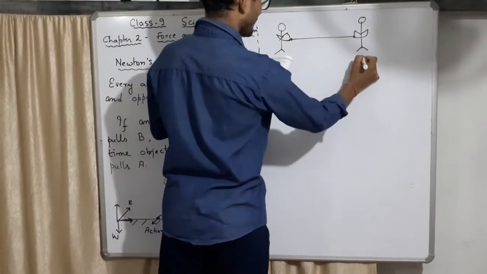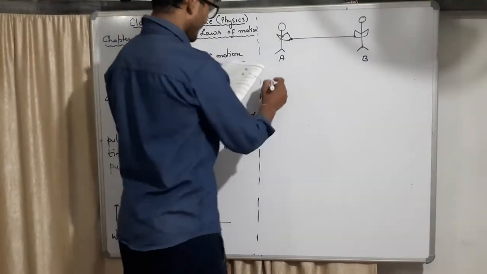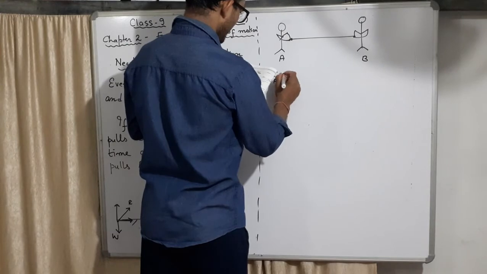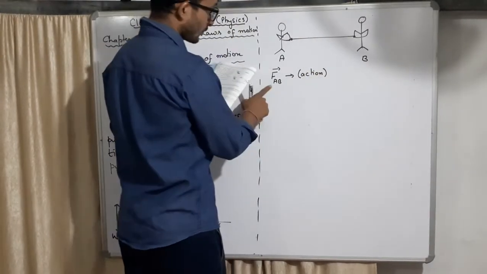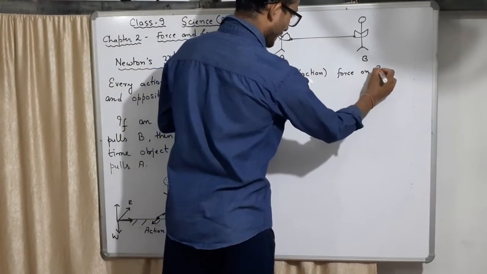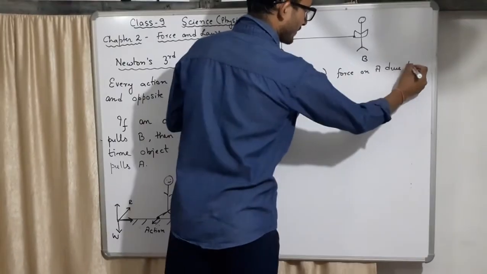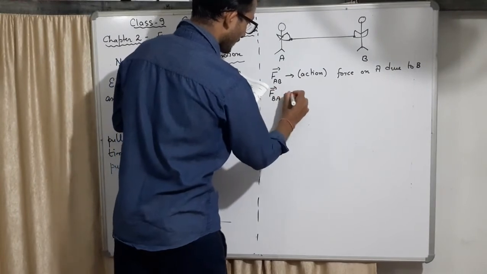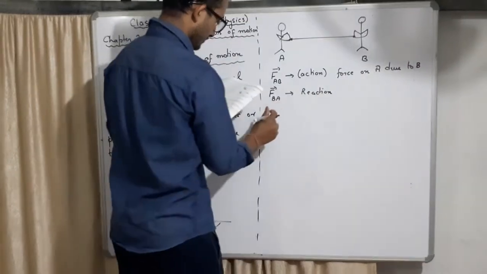His name is A, his name is B. If they are pulling each other, now we can call F_AB the action. You can understand what F_AB is here: the force on A due to B. And F_BA is what? The reaction.